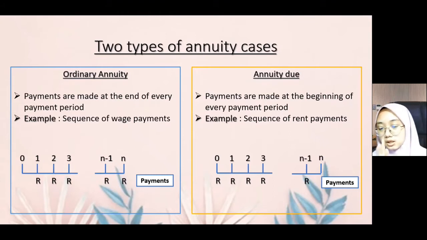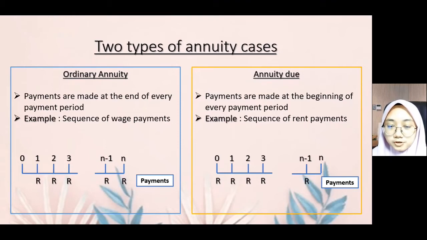At the end period there is no payment, because the payment for the end period is paid at the beginning, under n-1.